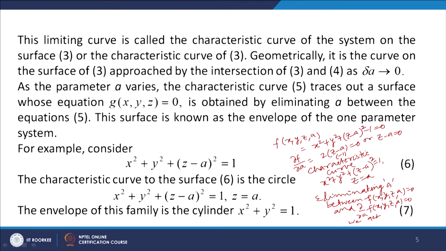So, we get x square plus y square equal to 1, which you know represents a right circular cylinder.